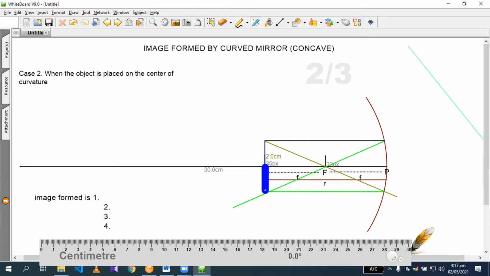But from what we are seeing here, our image is being formed somewhere close to this. Have we done anything wrong? I'm not sure.